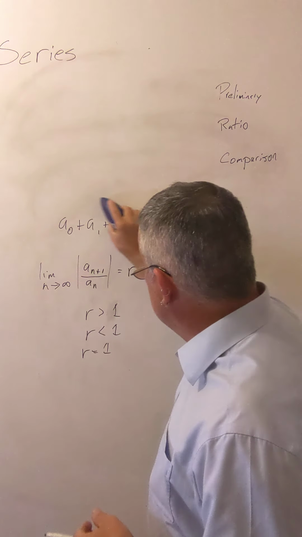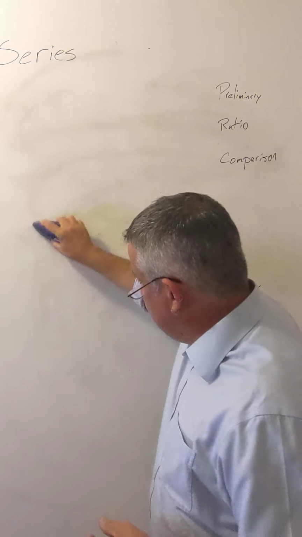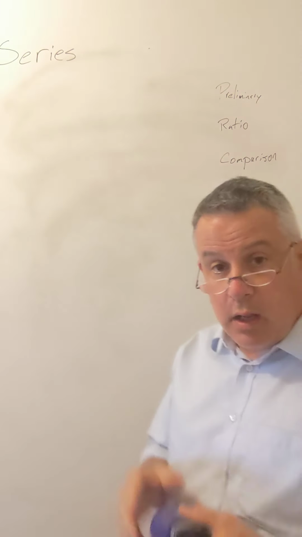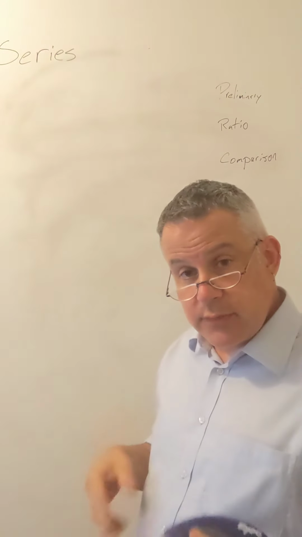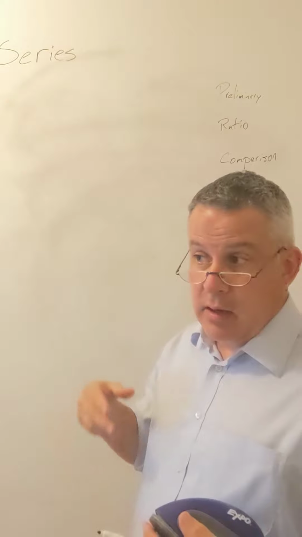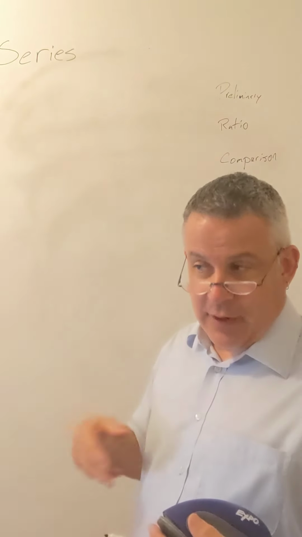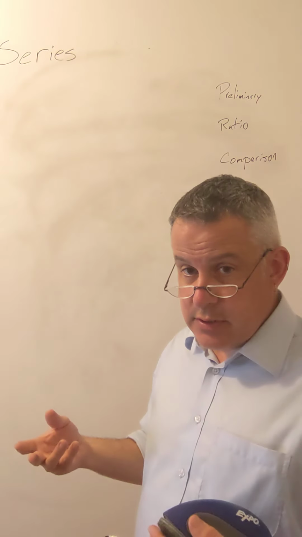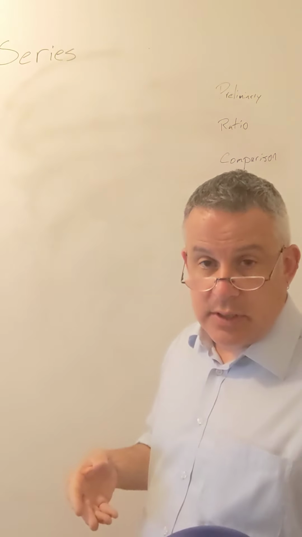But you also could take a series and compare it to another series that you already know the behavior of. If you can take a cluster of terms and compare them to a cluster of terms in another series and show that they are systematically bigger than the comparison series, and if the comparison series diverges, then so too does the new series that you're considering.